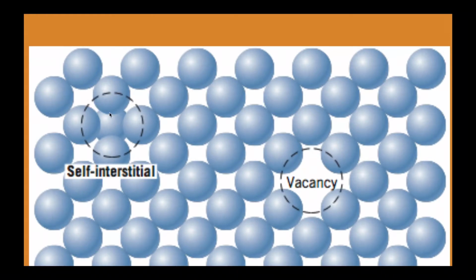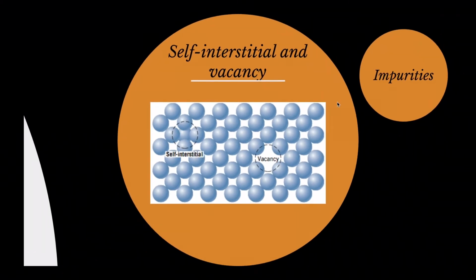And then we have self-interstitial, which is where there is an atom, the same atom, inside here among the other, the same atoms. So that's self-interstitial and vacancy. This is all point defect, so the defect only affects a spot, like a dot here.